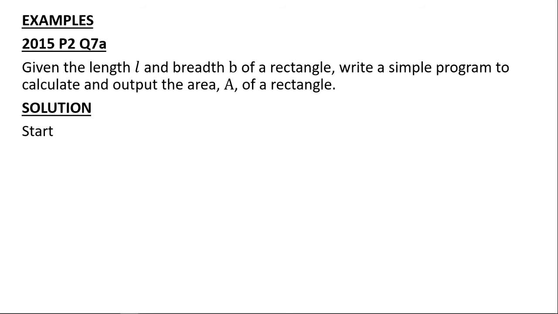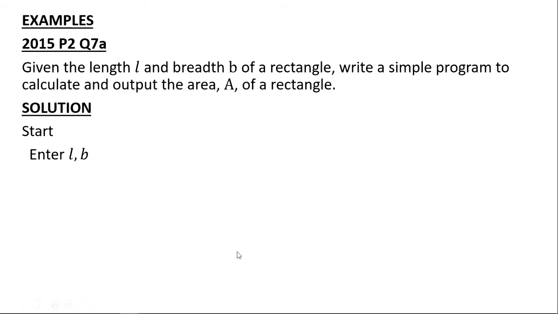So when you write a simple program, you start, then leave one step, and then move forward, and then you can do your input. Your input is enter the length, which is L, and the breadth B of the rectangle.